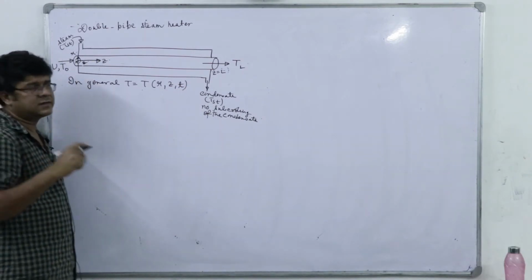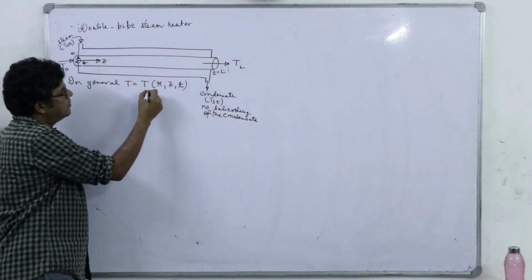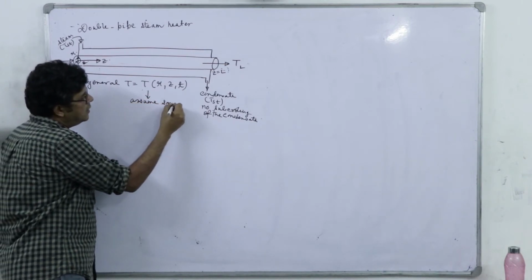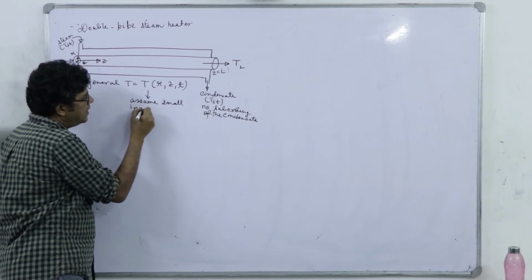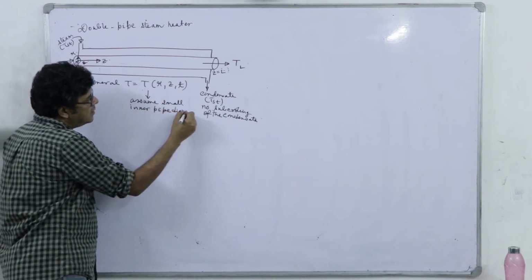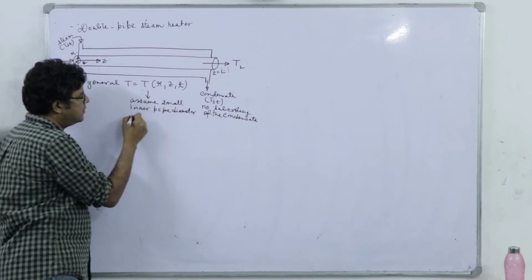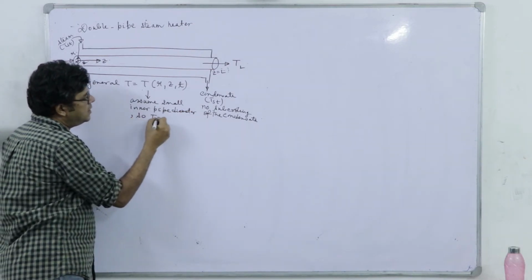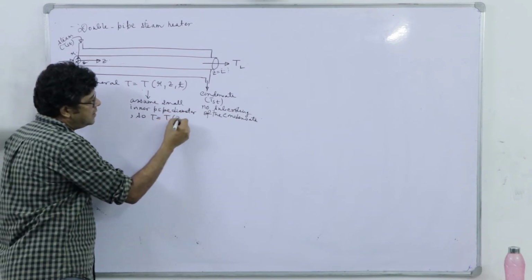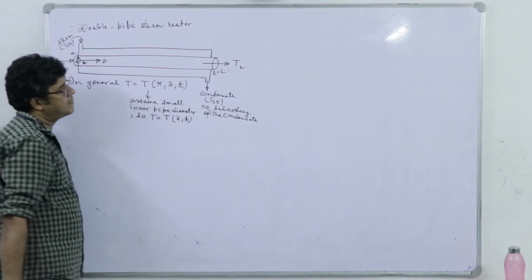Now over a cross section like this, we can assume a small inner pipe diameter, so T is invariant with respect to r, and we write that T is a function of z comma t.